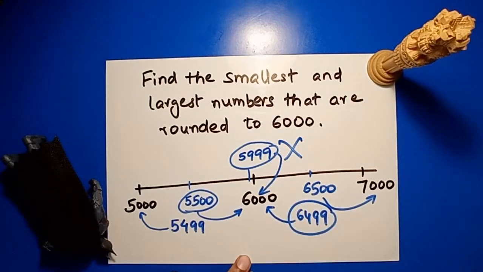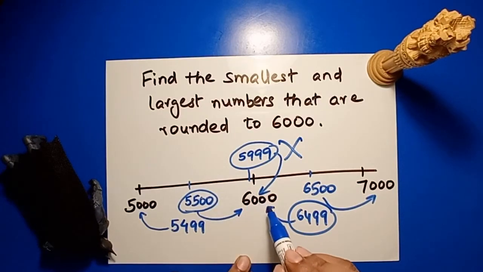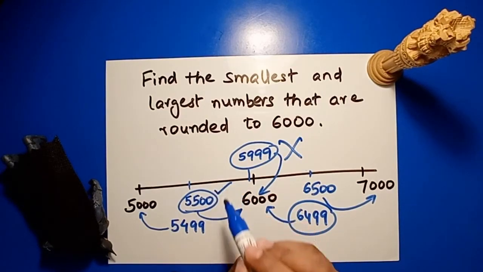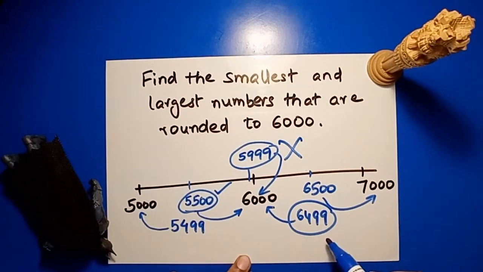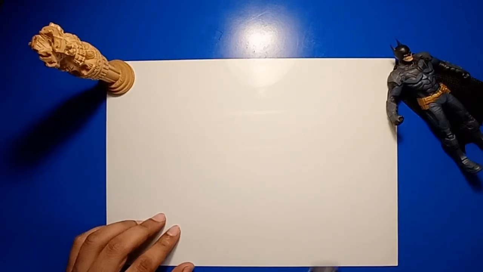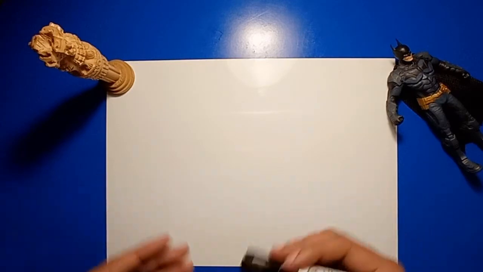So my actual answer is, the smallest number rounded to 6000 is 5500, and the largest number rounded to 6000 is 6499.